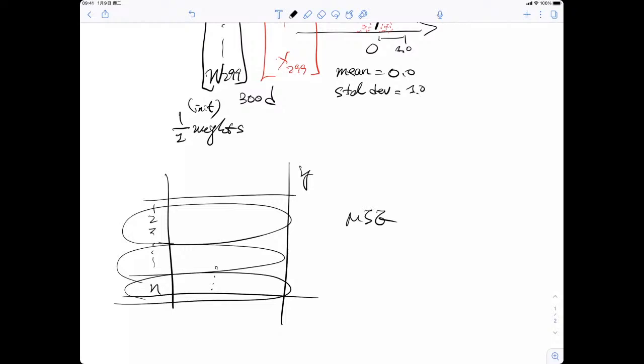For example, you can train your neural network 300 times, and each time you use a different data set. So at the end of your training, each mini data set has been trained 100 times, because you trained 300 times in total. That is one of the strategies you can use.